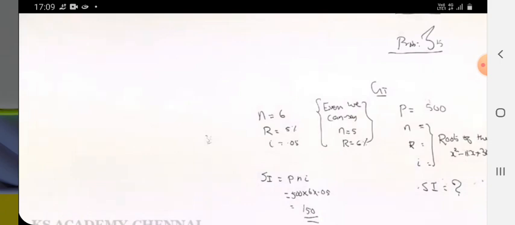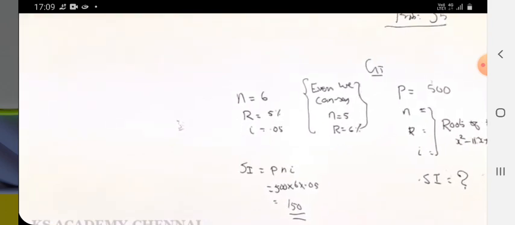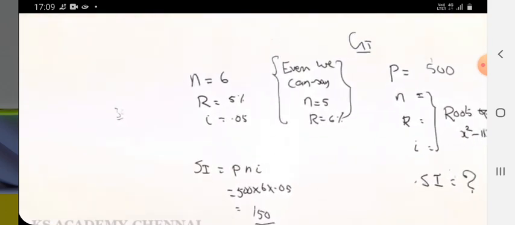You have to solve the quadratic equation and get the two x values. The two x values represent the number of years and rate of interest. Any one is R, the other one is N.